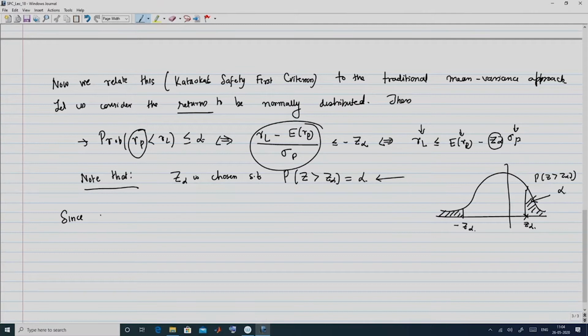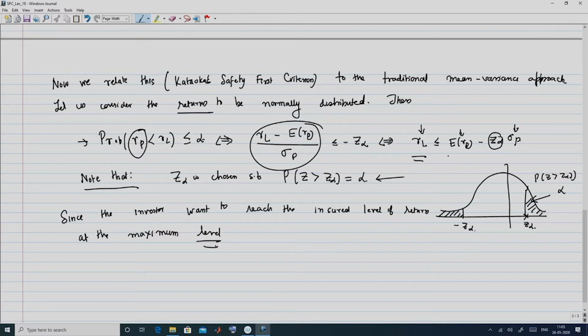Now, since the investors want to reach the insured level of return at the maximum level, remember, RL is less than or equal to this.